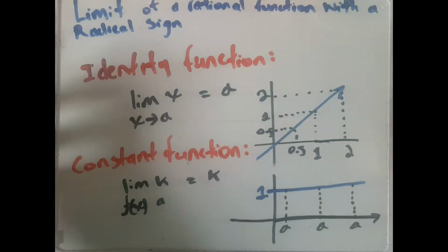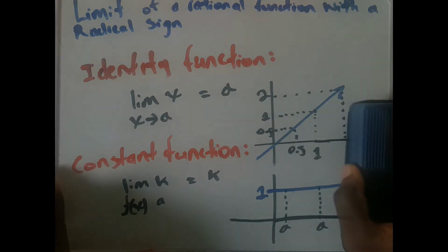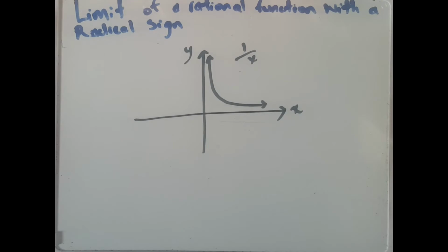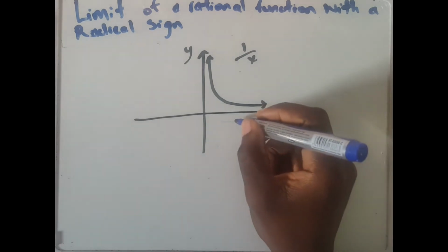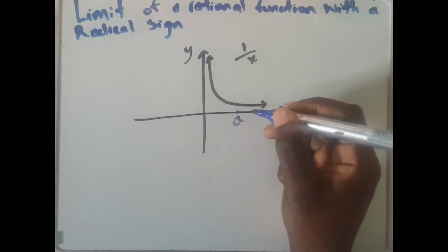And the next thing I want to show you guys: I watched the first video I posted already, and I realized that my explanation for the 1 over x curve wasn't as clear. When I'm going through limits at infinity, I will explain this function a little better. But for now, say this is a, right here is a.